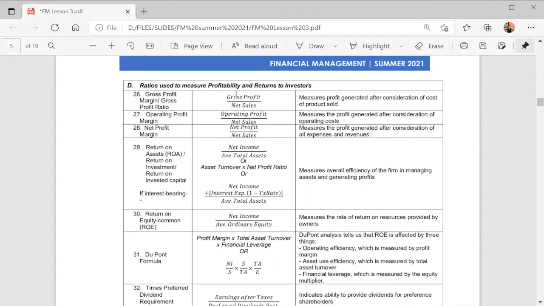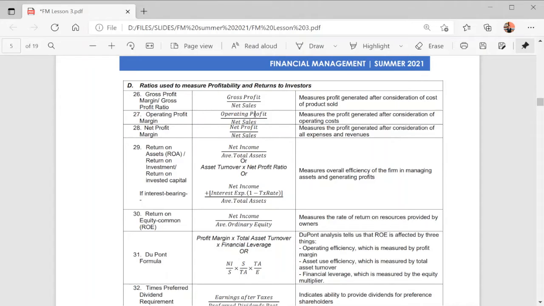But remember, gross profit has no deduction yet for the operating expenses, interest, and taxes. So we should have a large gross profit because there is still more to cover. Next is operating profit. This time, you deducted the operating costs. So sales minus cost of sales minus operating costs, you can get your operating profit.